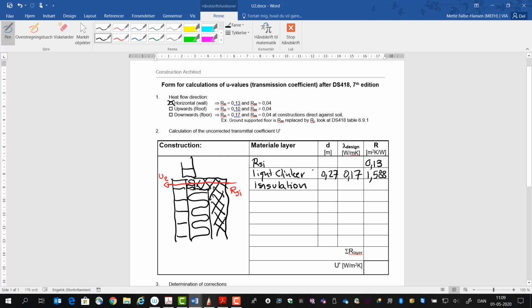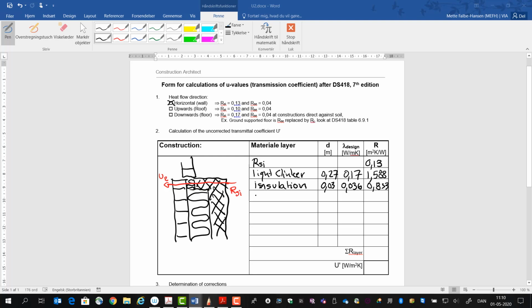And that had a thickness of 30 millimeters, so 0.03, and a lambda value of 0.036, and that was given in the assignment. So that is a resistance of 0.8333.